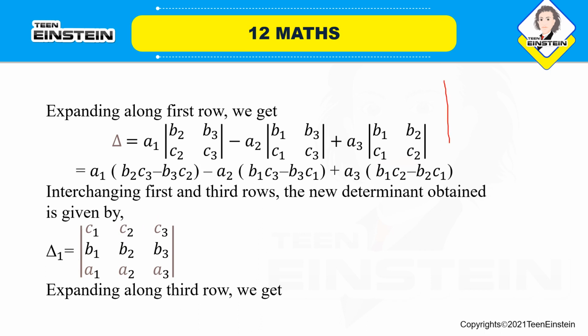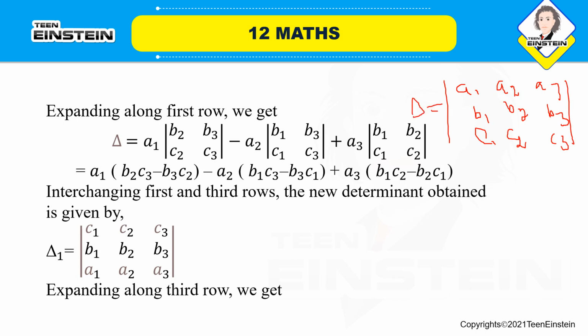what is delta? Delta is A1, A2, A3, first row; B1, B2, B3, second row; C1, C2, C3, third row. So this is our delta.